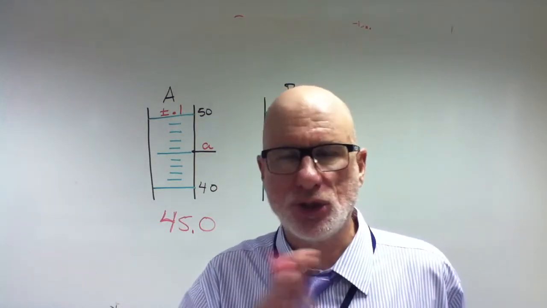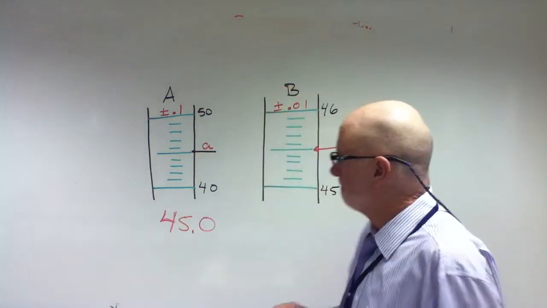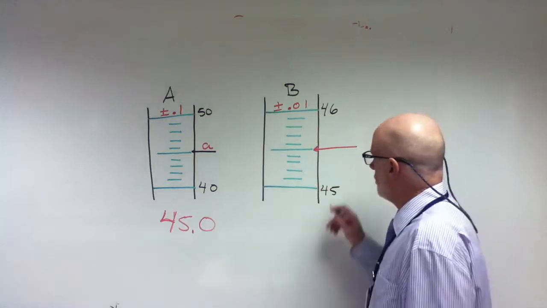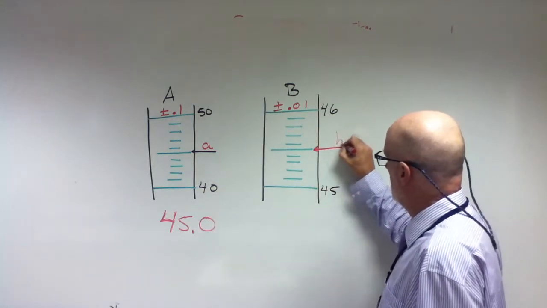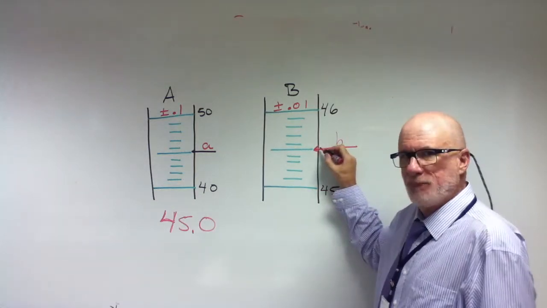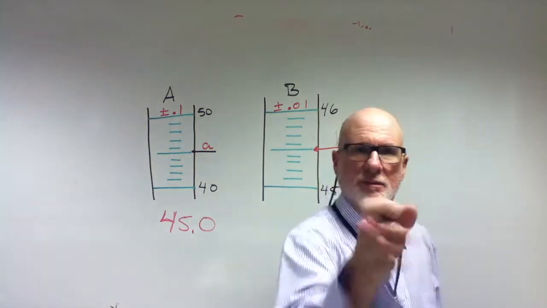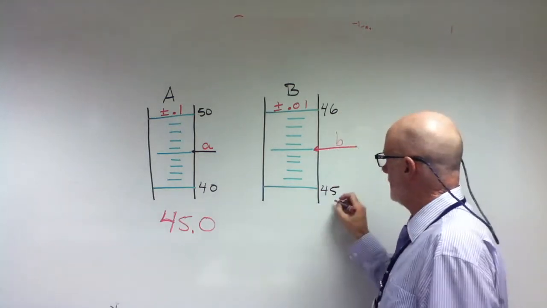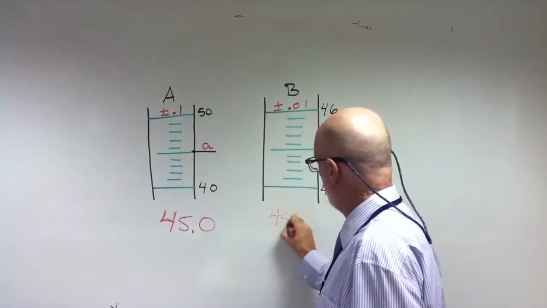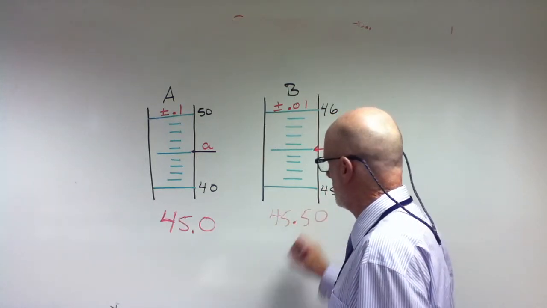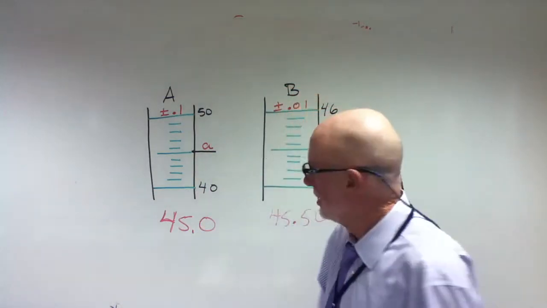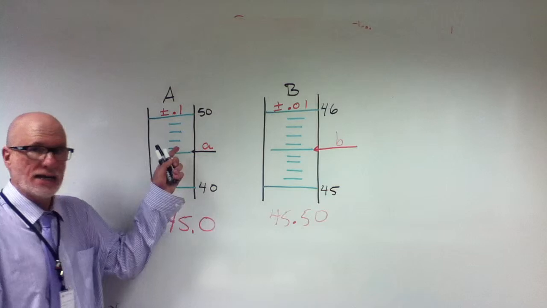It looks like it's unusual, but it's really not. Okay? So, remember, this is the same material. So we're saying that's going to be there, and we're going to say that that's B. And we're going to say that's going to be 45.5, exactly on the line. And we're going to say that it is going to be 45.50. Okay? So it's really not on the line, is it?